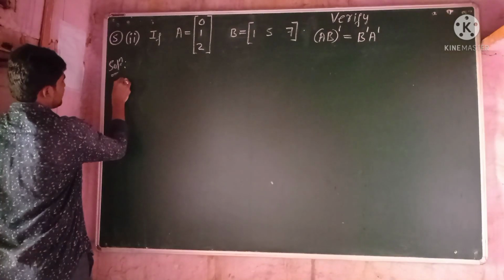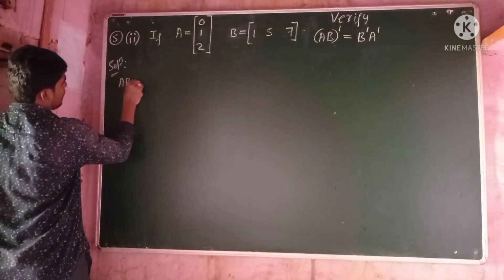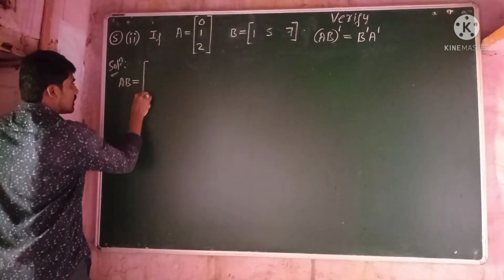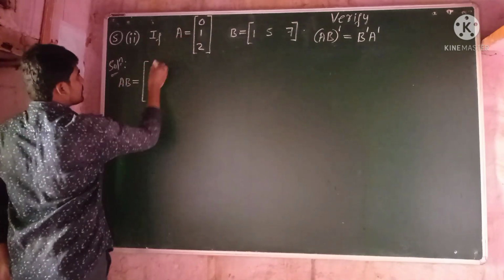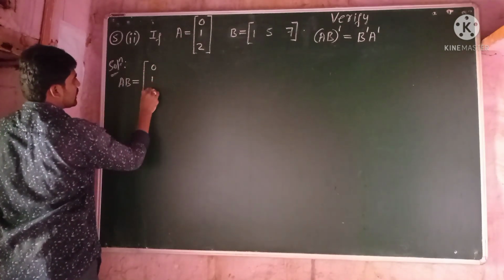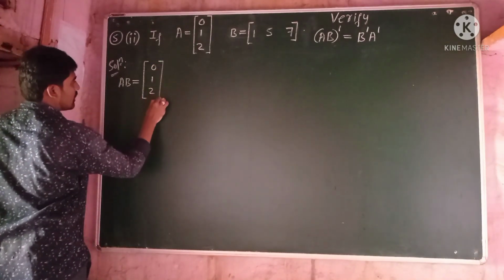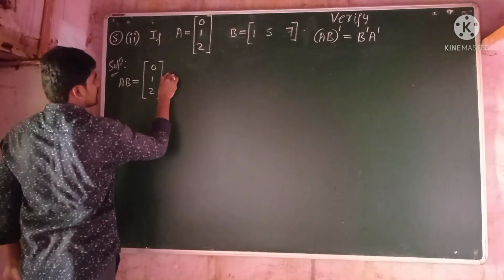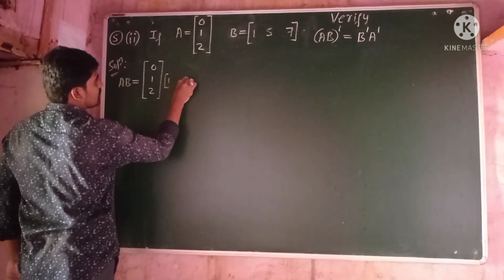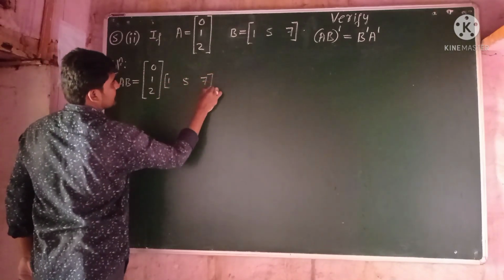So required matrix AB is equal to matrix A, given by 0 1 2, and matrix B, given by 1 5 7.